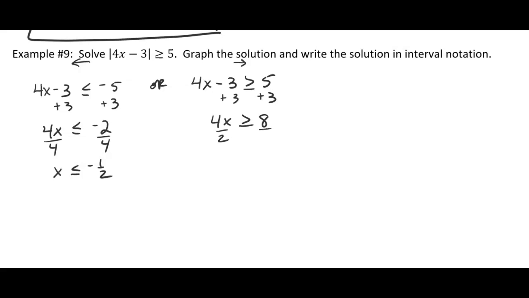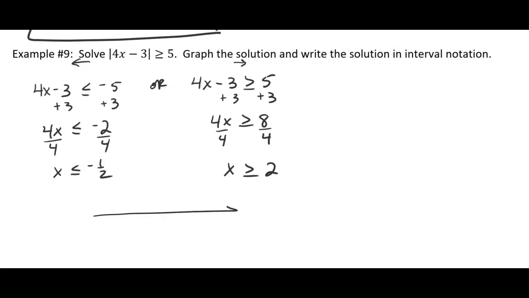Divide by 4, divide by 4. Oh, I wrote that wrong. Darn it. Okay, back up. I put a wrong number in there for some reason. I think I was thinking ahead. Okay, x is greater than or equal to 2. That looks better.